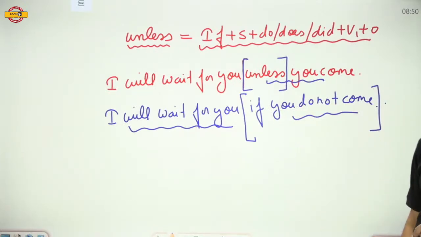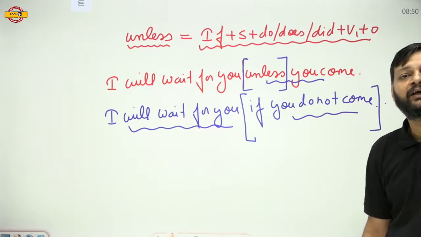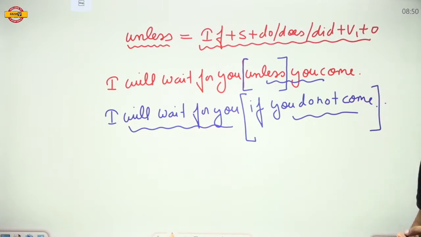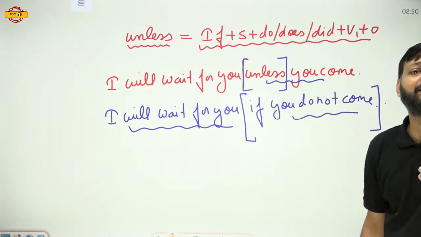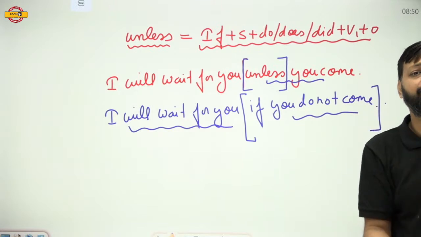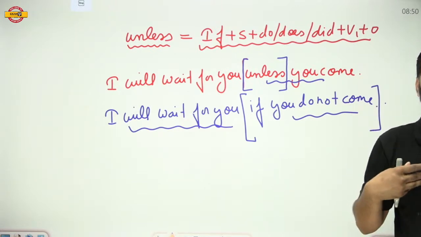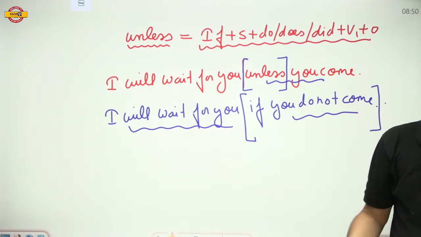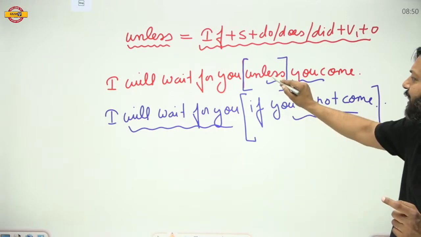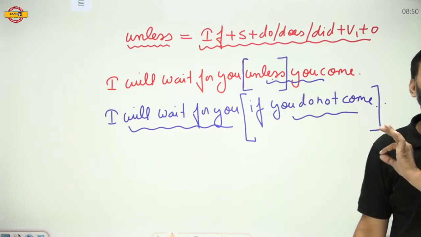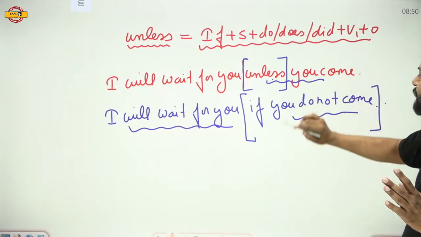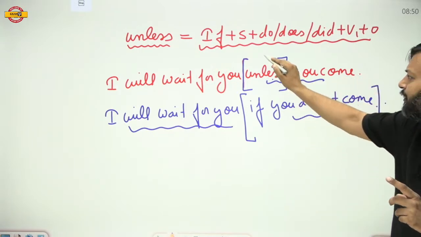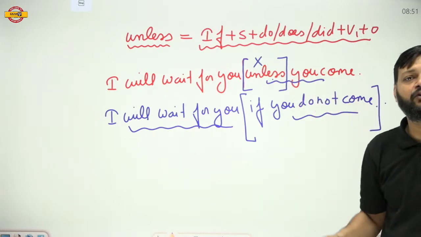If someone is not coming, how can I wait for him? No, it is not possible. So when I change unless into an if clause, this sentence gives no meaning. Here the use of unless is wrong.